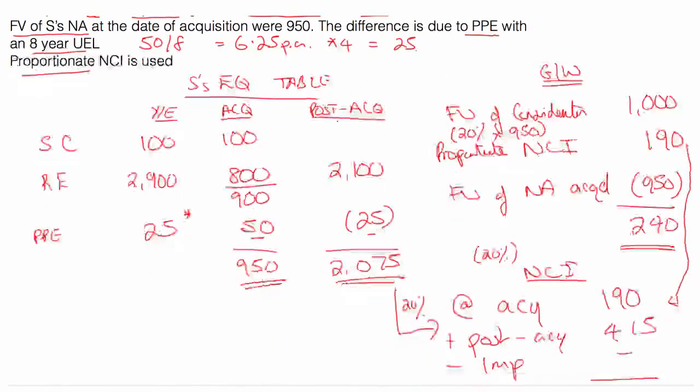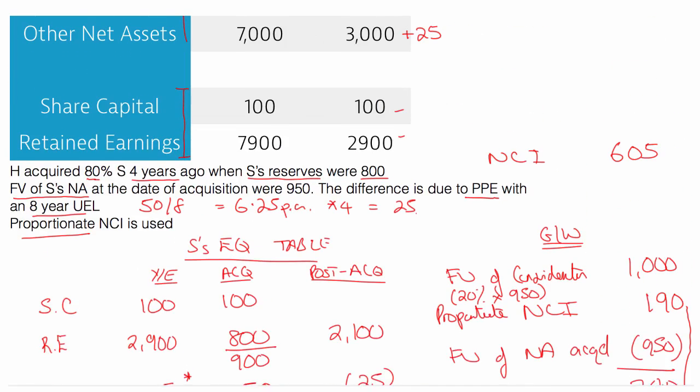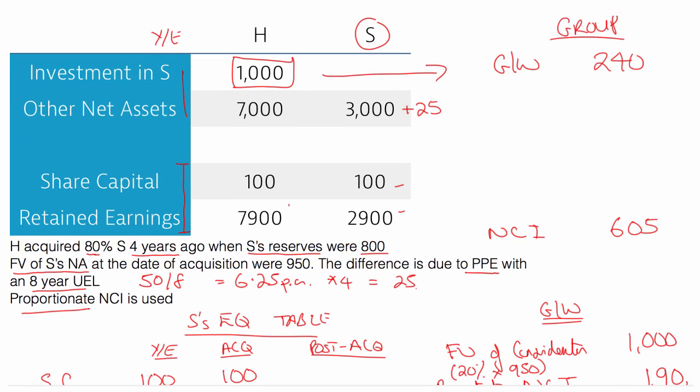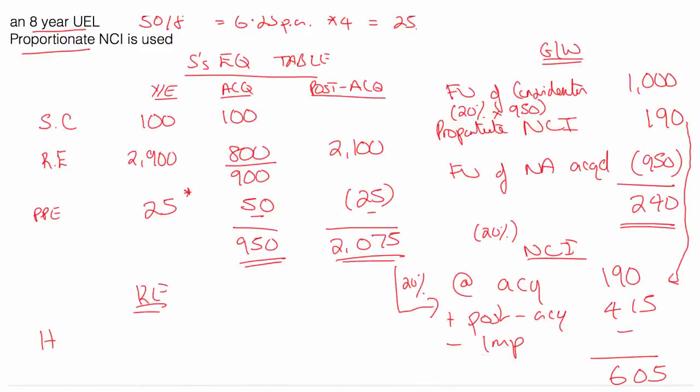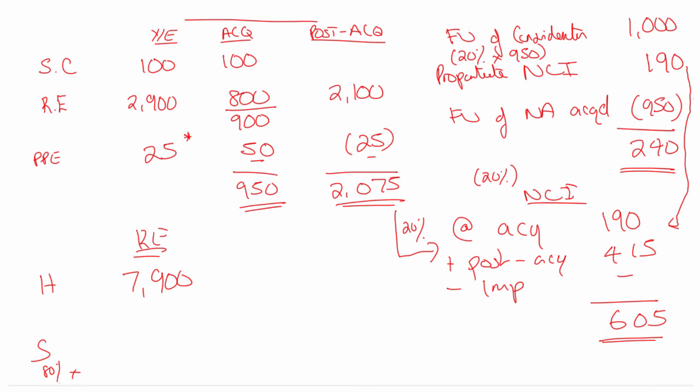Final working is retained earnings. I want all of H, but not all of S. So all of H I get from their balance sheet, 7,900. I don't want all of S though, because I don't own all of S. I want 80% of S, but not all of it. I want it since I bought it, i.e. post-acquisition. So here's the other 80%. The 20% went to NCI, 80% goes to S's retained earnings.